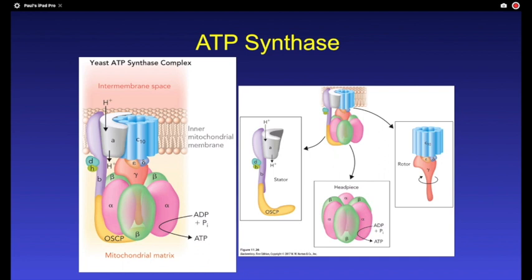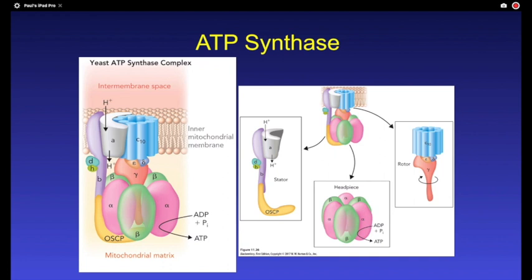Depending upon which one it interacts with, the alpha-beta pairs will be in 3 different conformational states. So an alpha-beta pair touching gamma looks different, or touching epsilon looks different, or touching delta looks different. Okay, and that's the interaction. What's going to happen is, as the protons come through, we're going to spin some of this.